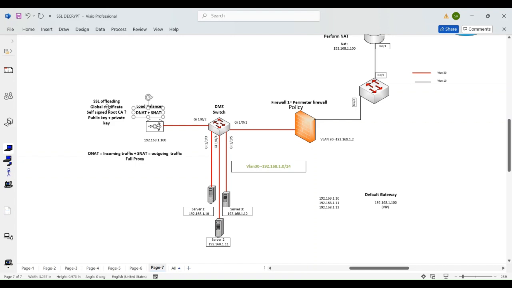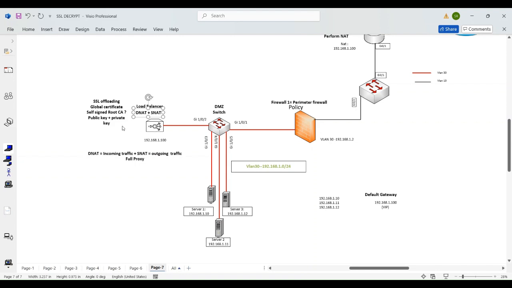For SSL offloading, what do you need? You need a public and a private key. The private key should be with the load balancer itself. You need a public key, and you will send this to the global root CA to issue a digital certificate. This has to be signed by one of the trusted CAs, like Entrust, DigiCert, right?